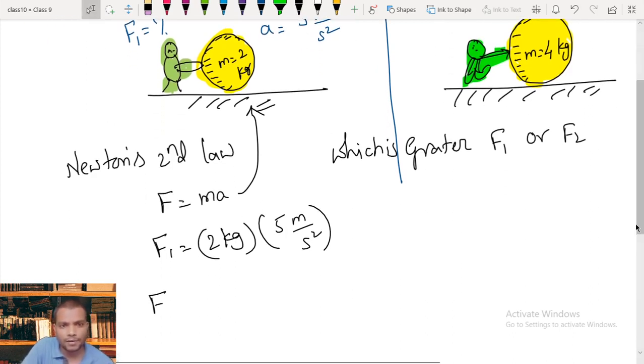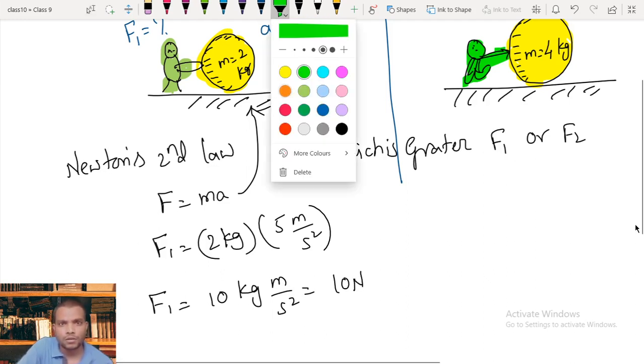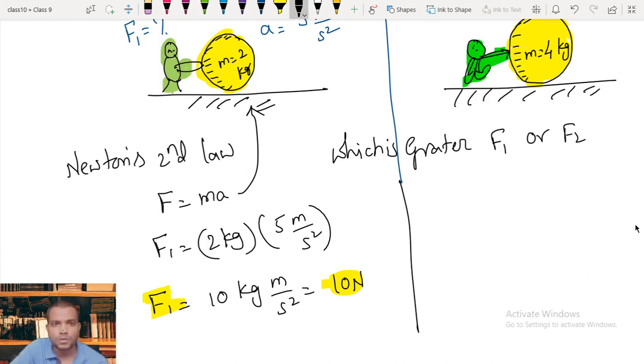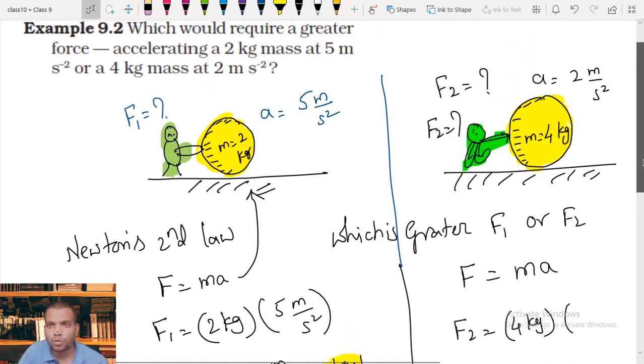So F1 equals 10 kg meter per second square, which also equals 10 Newton. So I got the F1 value as 10 Newton. Let me see what value I get for F2. For the second case, we use the same formula F equals ma, but in place of F I am using the notation F2. So F2 equals mass 4 kg, and the acceleration in this case is only 2 meter per second square.